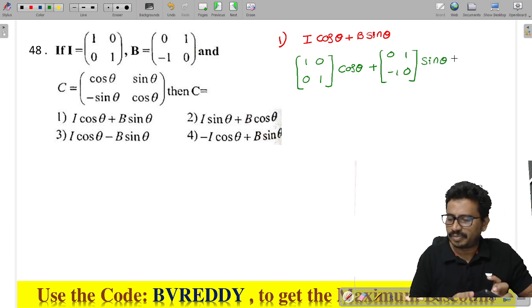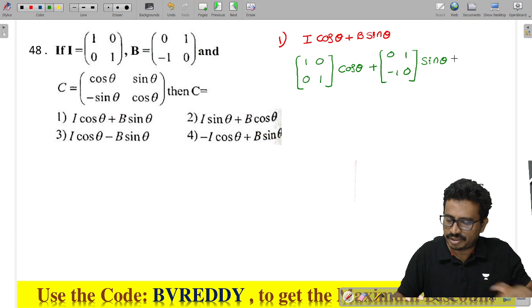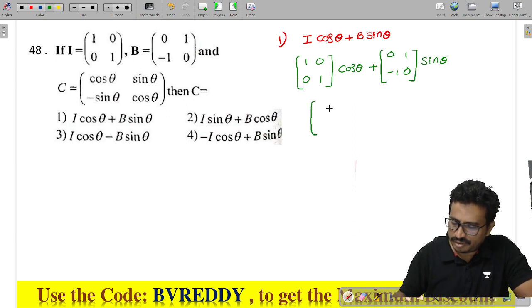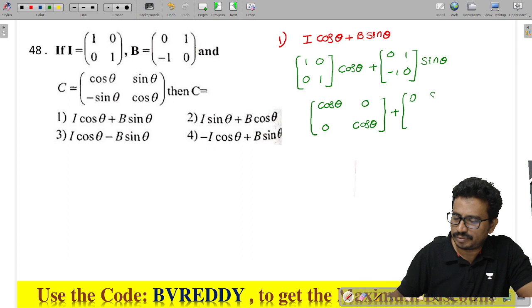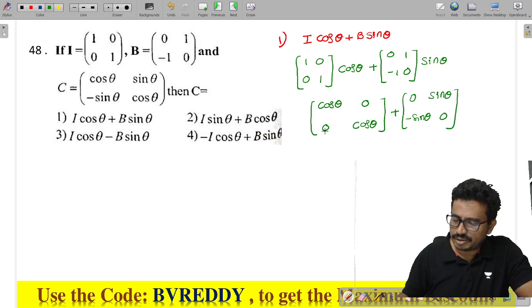Let's simplify. We get cos theta 0 0 cos theta plus 0 sin theta minus sin theta and 0, which is nothing but cos theta sin theta minus sin theta cos theta.